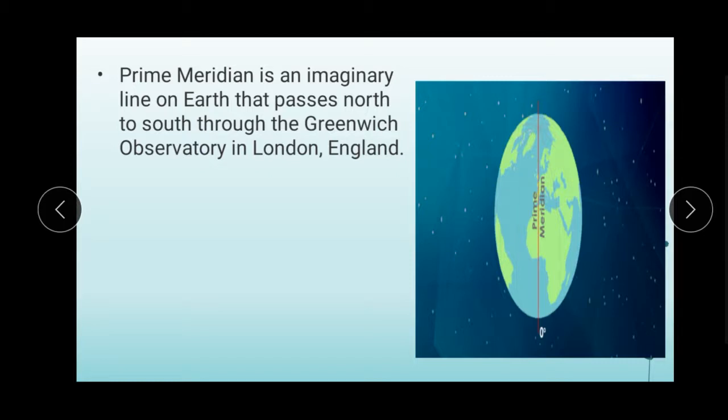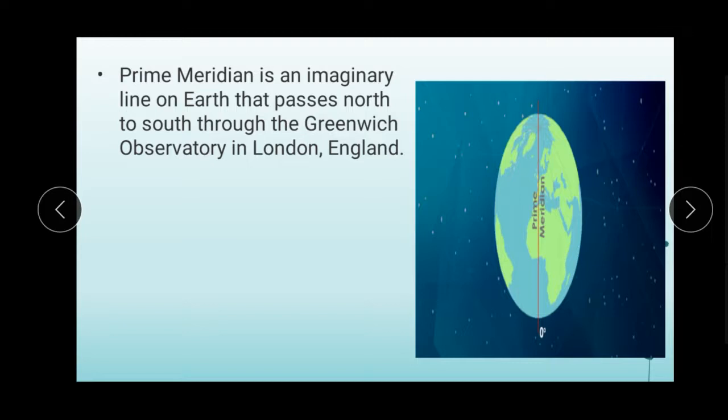It is an imaginary line that starts from North Pole and ends at South Pole, passing through one place, Greenwich Observatory in London.